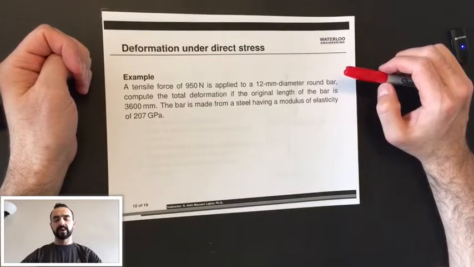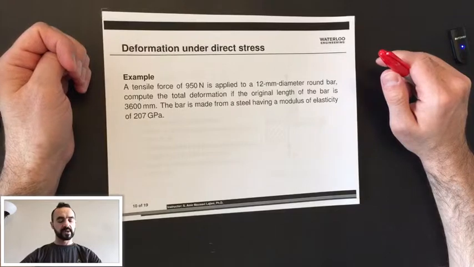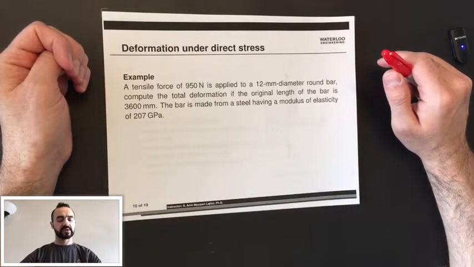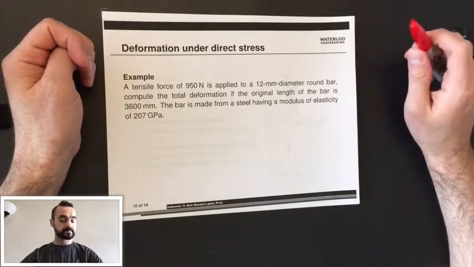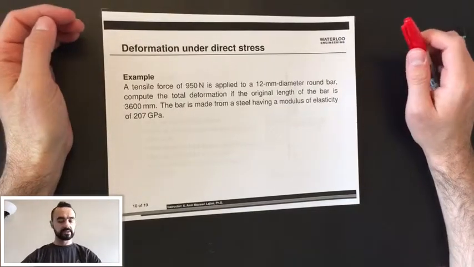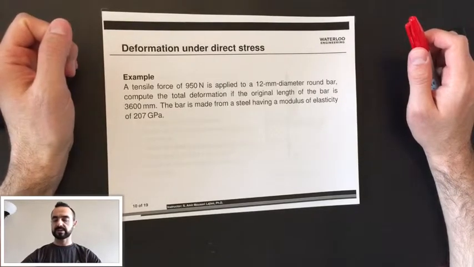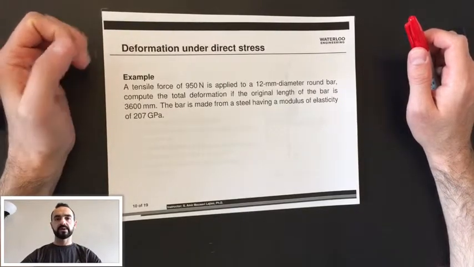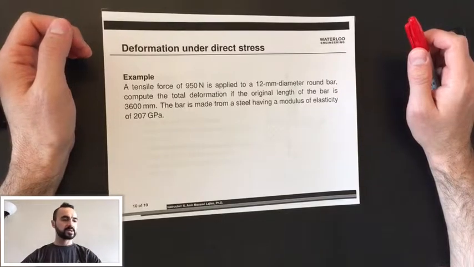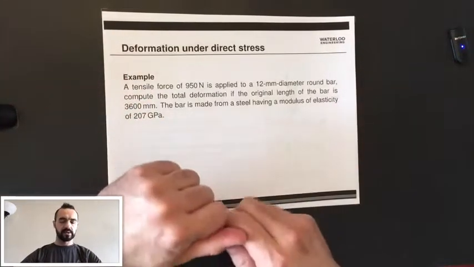The bar is made from steel having a modulus of elasticity of 207 gigapascal. So the first thing, we can either directly use the elongation relation delta equal PL over EA, or we can compute the stress P over A, and then we can compute elongation.